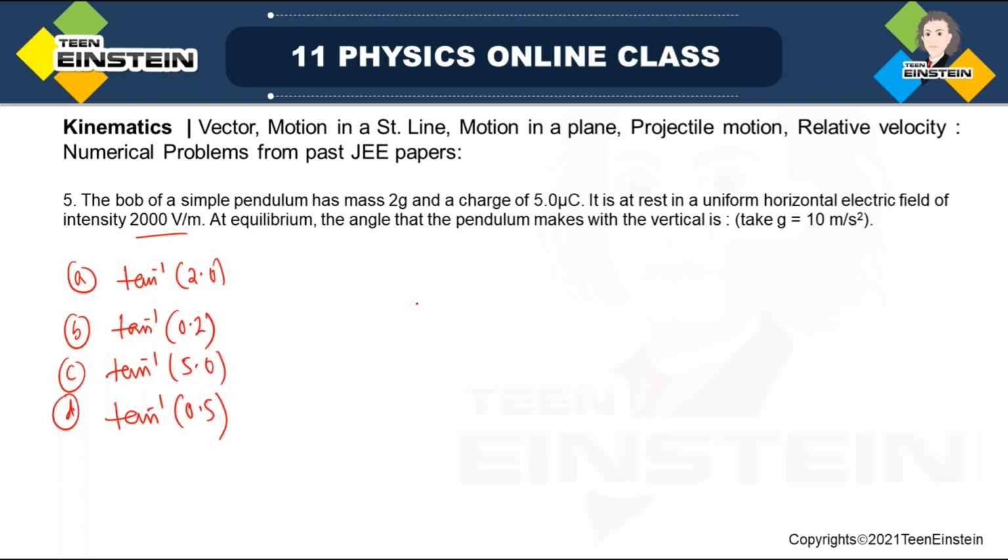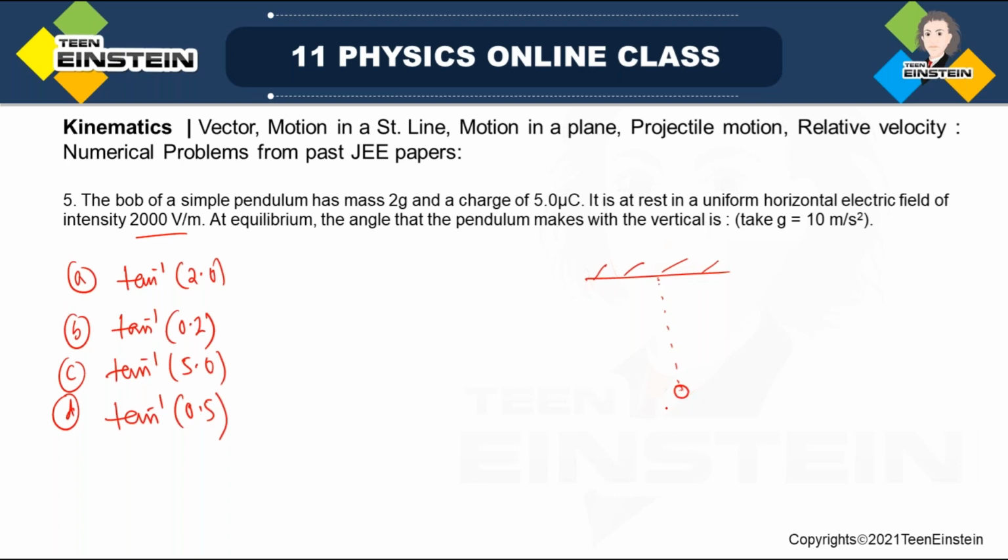Let me draw a representative figure and try to make you understand the situation. Suppose this is a pendulum. Initially, if you don't have any displacement, this is the equilibrium situation.